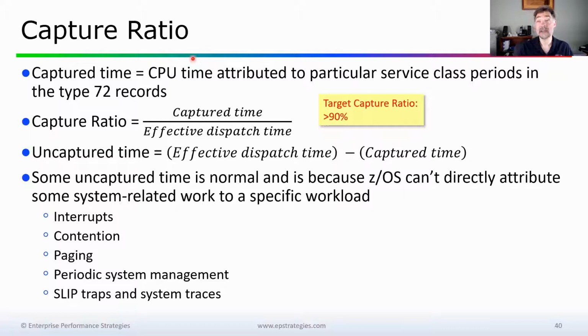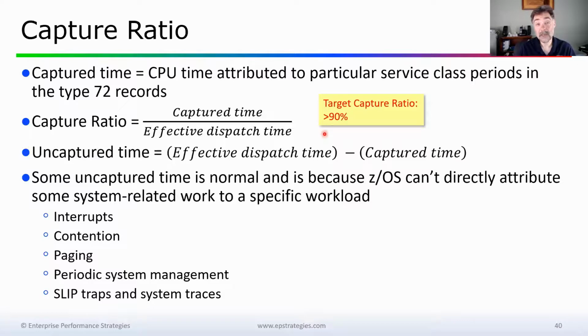So we calculate a capture ratio based on the captured time divided into the effective dispatch time. You can also calculate the uncaptured time as the effective dispatch time less the captured time. Your general target should be to see a capture ratio above 90%.